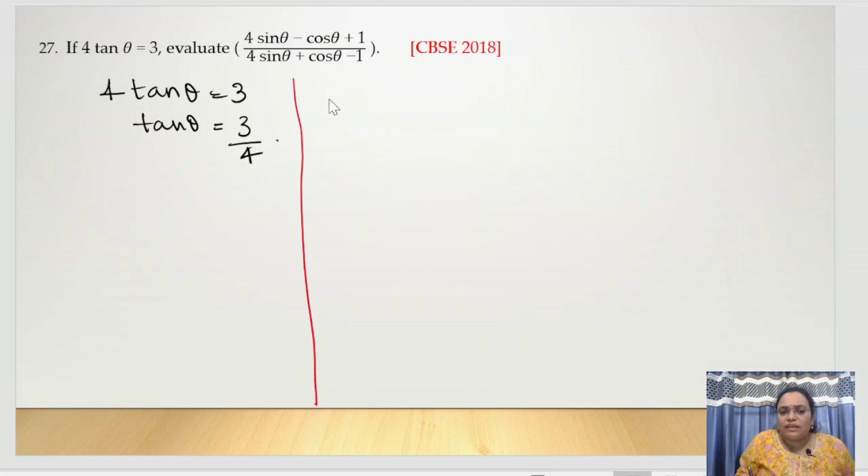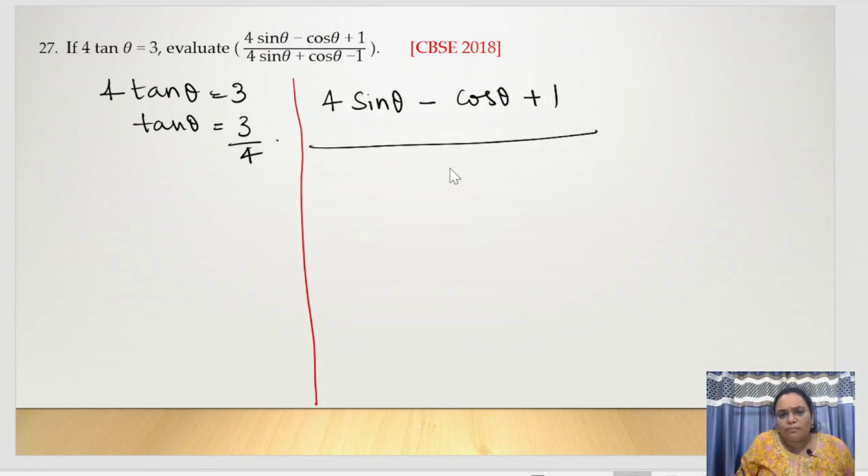Yes. See, we need to find 4 sin theta minus cos theta plus 1 by 4 sin theta plus cos theta minus 1. See here we know tan theta, right? So if we divide sin by cos, we get tan theta, right?